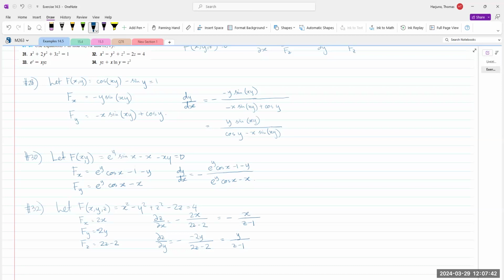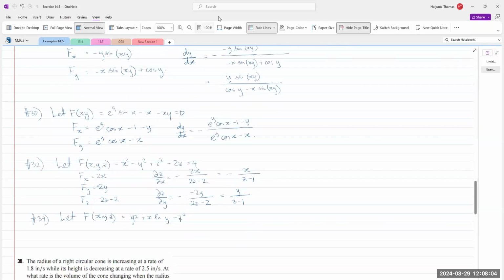Number 34, let's do that. Number 34, let function f be a function of x, y, z equal to yz plus x natural log of y minus z squared.